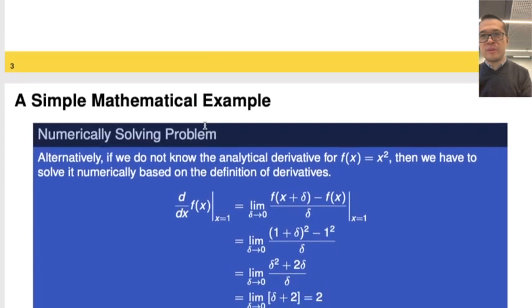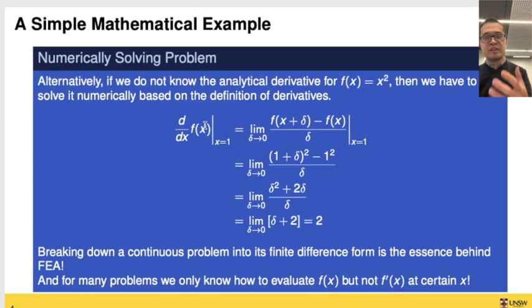Basically, we need to go back to the original definition of the derivative and do it in a discretized manner. So what's the definition of the derivative? If you go back to your first year calculus, the derivative is basically the change in the functional value with respect to the change in the independent value. So it's the ratio between the two.